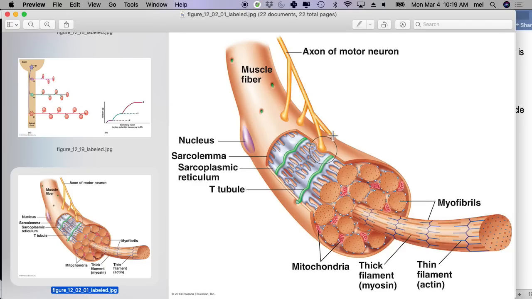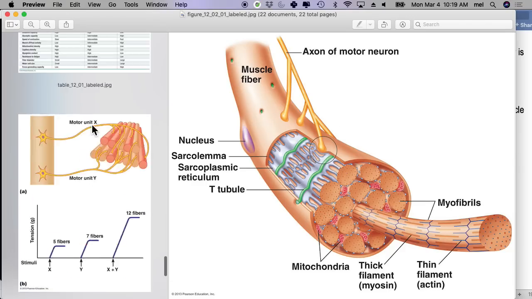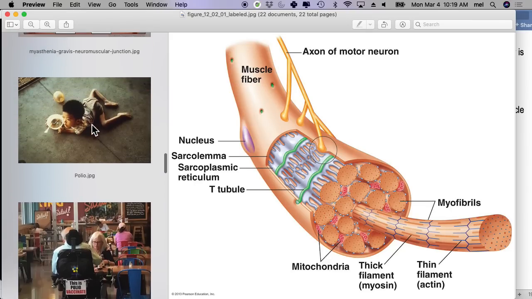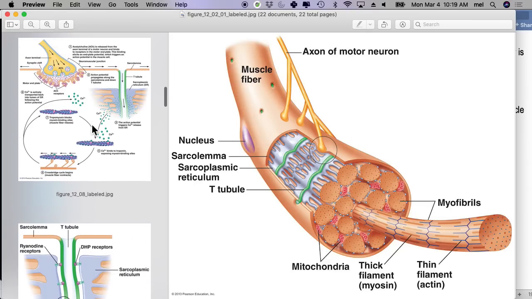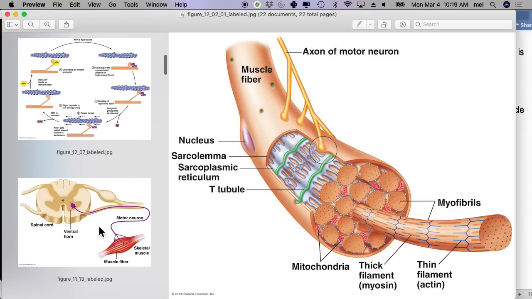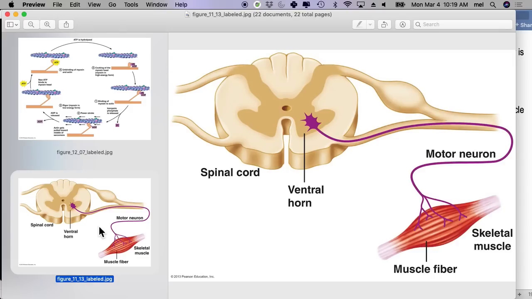Okay, so what we will see is, just going back to a little anatomy for you, for instance, the skeletal muscle. If I were trying to contract my biceps brachii, the motor neuron cell body is probably in the cervical region of my spinal cord, in the gray matter.